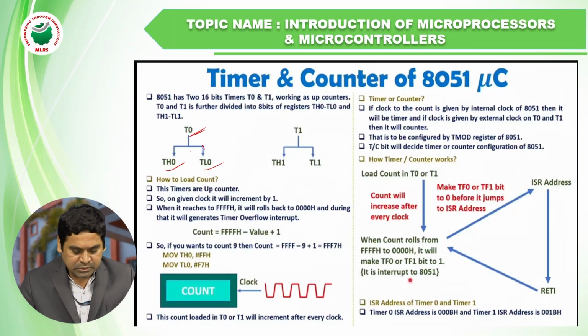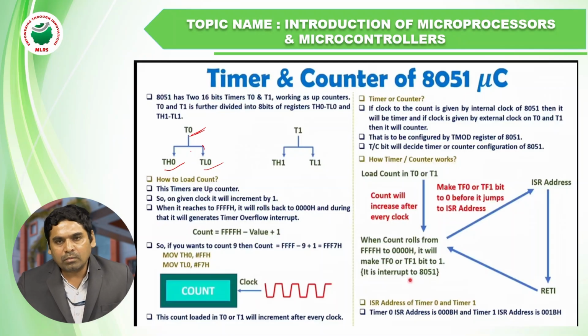How do we load bits into timer 0? I am discussing only T0; timer 1 works in a similar manner. Timer T0 works as an up counter.